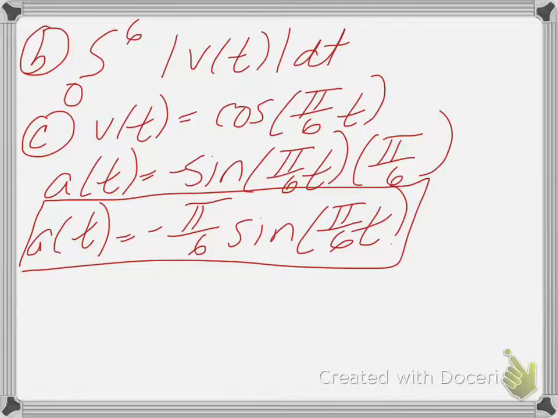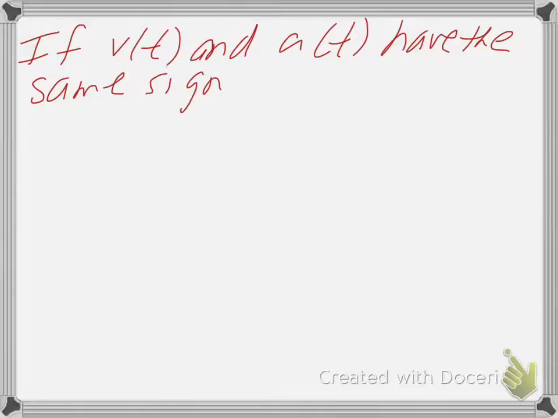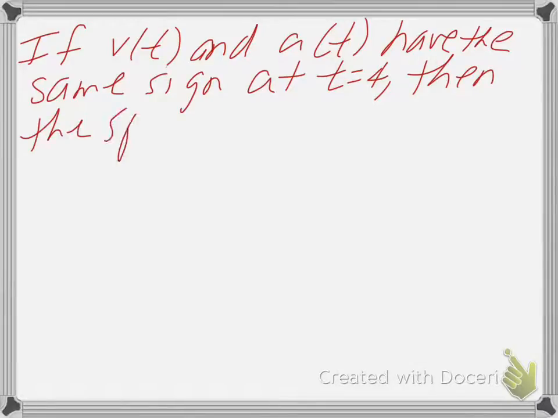Okay, I'm going to go to the next sheet. So here's what we're going to say. If v of t and a of t have the same sign at t equals 4, then the speed is increasing.